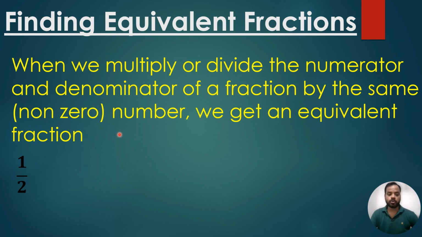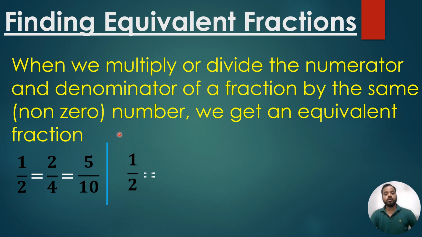So 1 by 2, 2 by 4 and 5 by 10 are equivalent fractions. Now when we multiply the same number in the numerator and the denominator, if we multiply by 2 in both, look, 1 by 2 was the fraction.